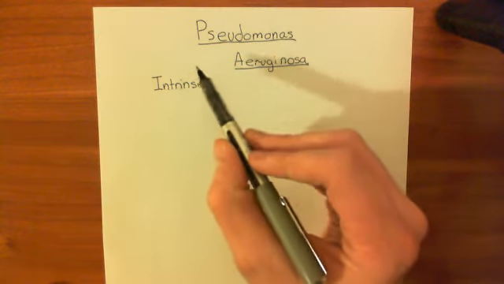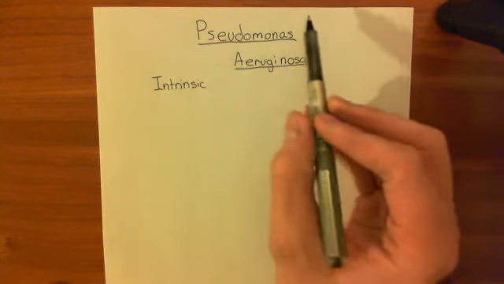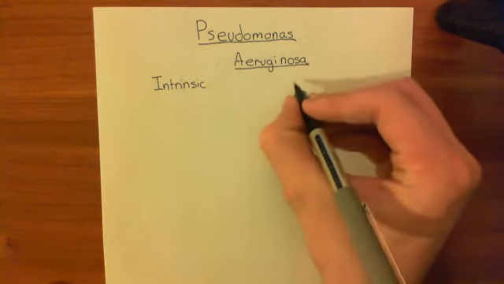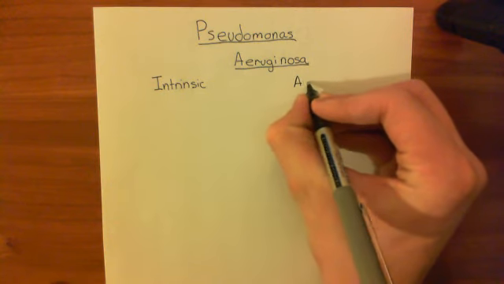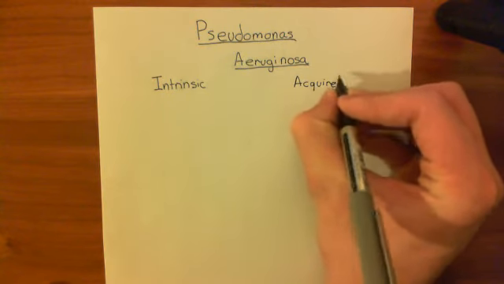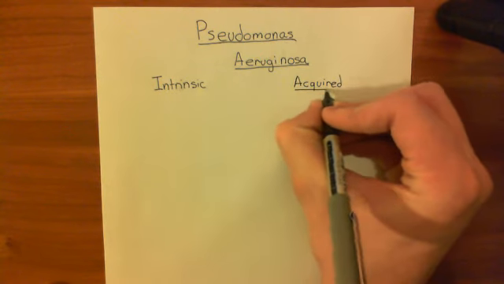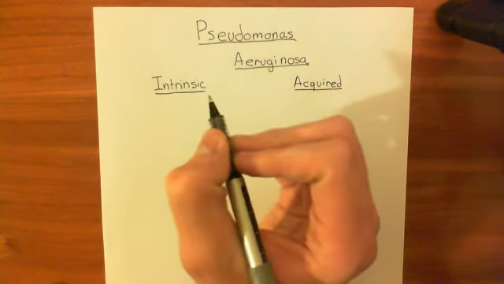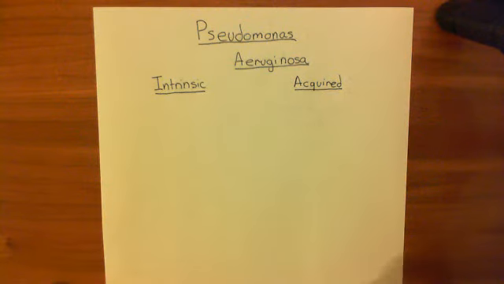So the bacterium doesn't have to alter its physiology in order to resist the drug. Whereas acquired resistance means that the bacteria has had to change from its normal physiology in order to resist the drug, basically.